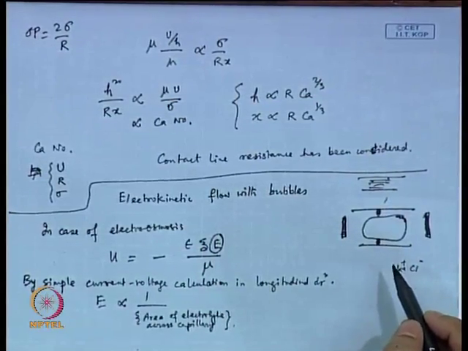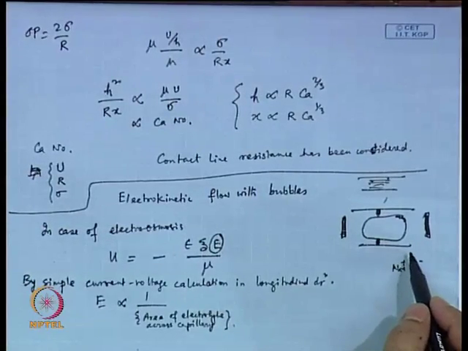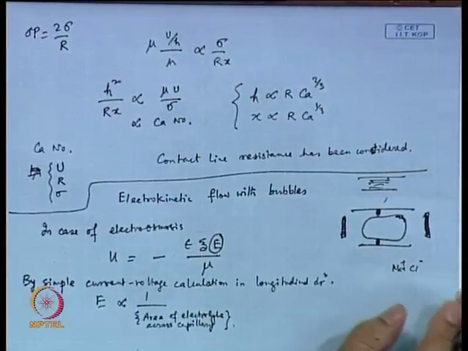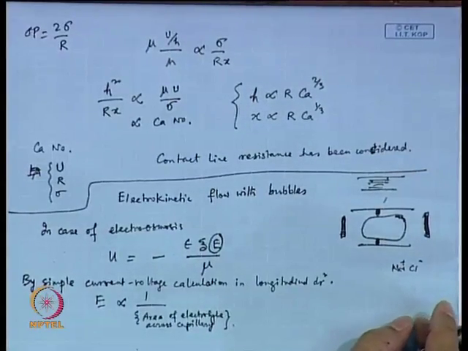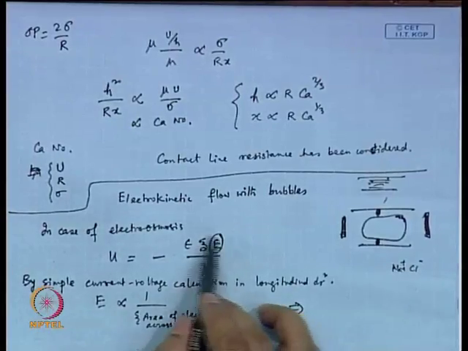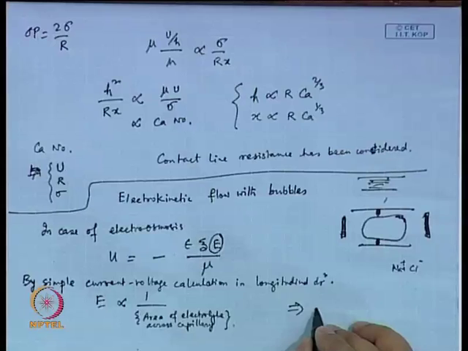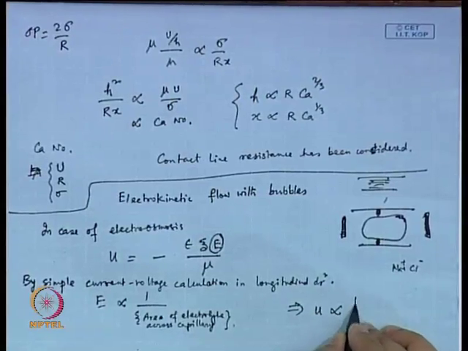So, the electric field that you get would be inversely proportional to the area of electrolyte across the capillary. What this implies is, if this is the expression for velocity, then you can say u is proportional to 1 divided by this area.